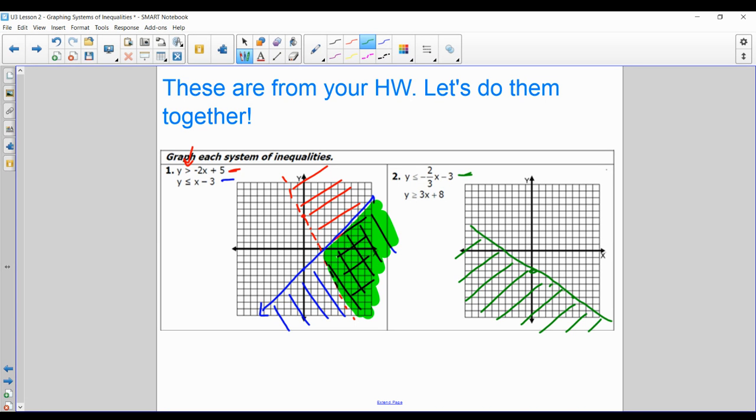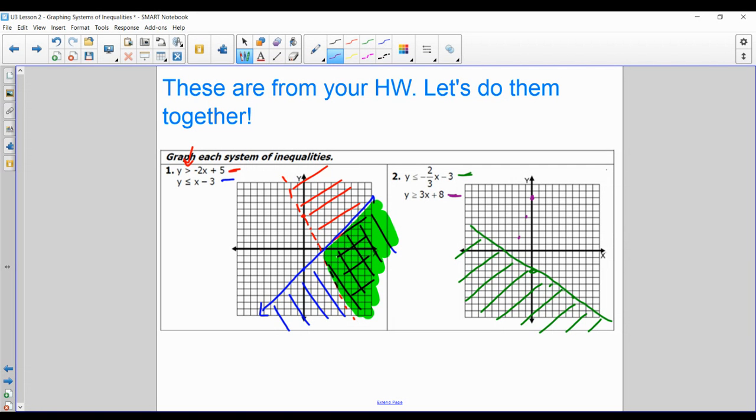All right, this other one that I'm going to do in purple, my y-intercept is at +8 on the y-axis. My slope is 3, so that says go up 3 over 1. Obviously, I'm out of space at the top, so I'm going to go the other direction.